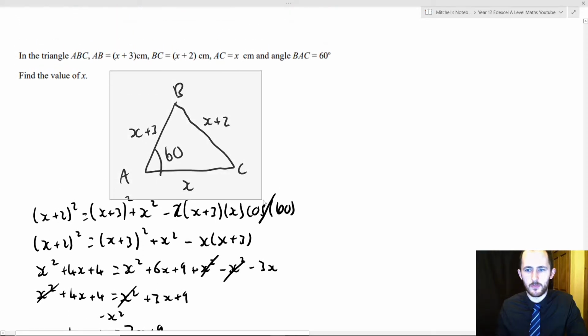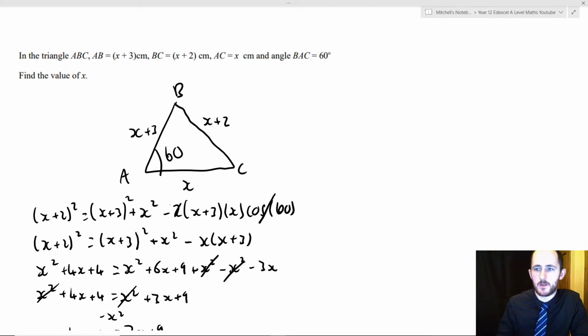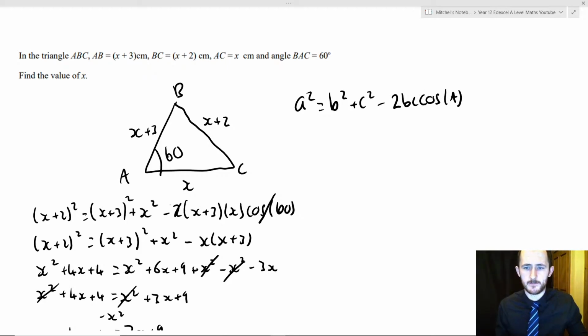So in the diagram, all the lengths aren't squared, but in the cosine rule, we need to square all of them, right? So the cosine rule is a squared. So all of them are squared. It might just be my handwriting is a bit bad.